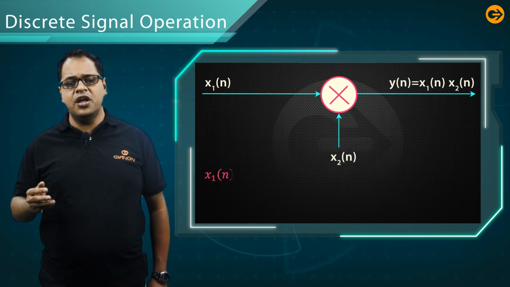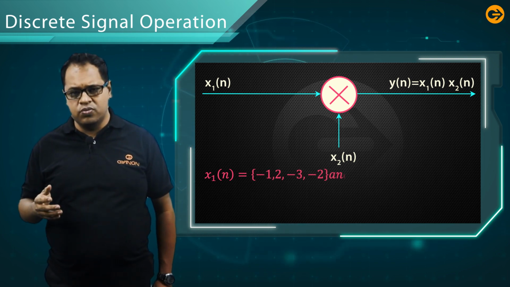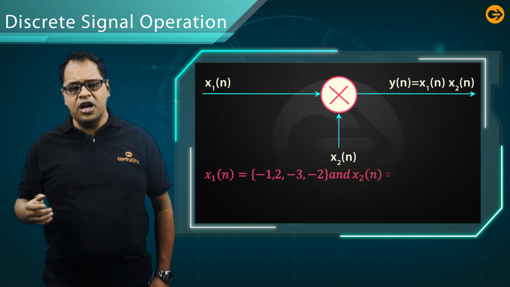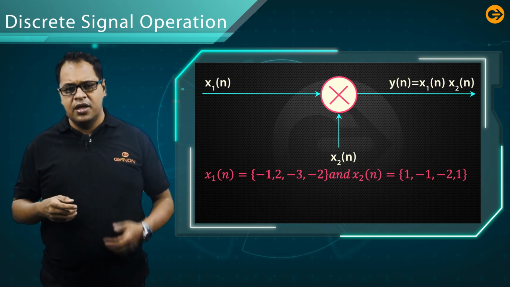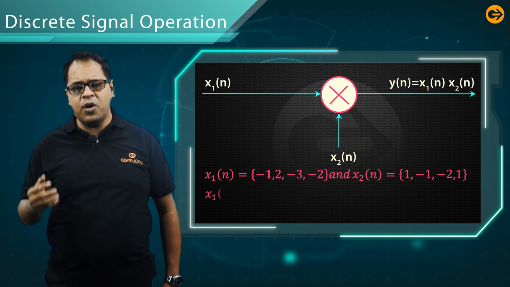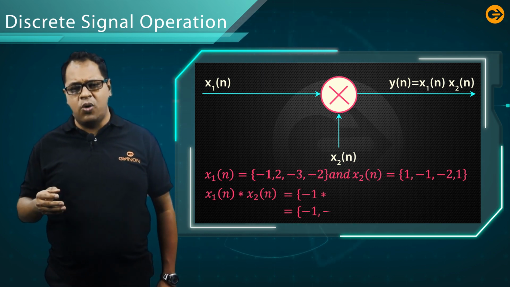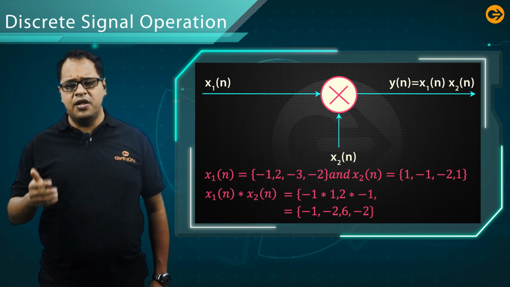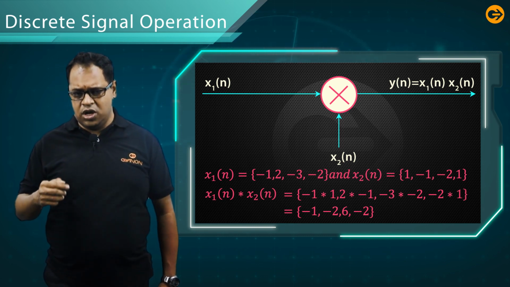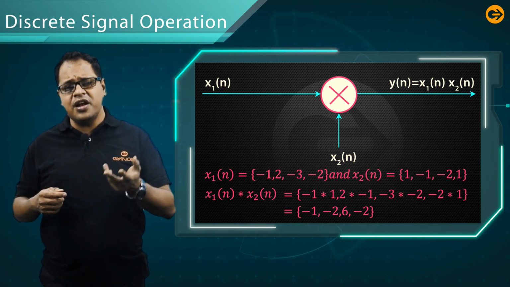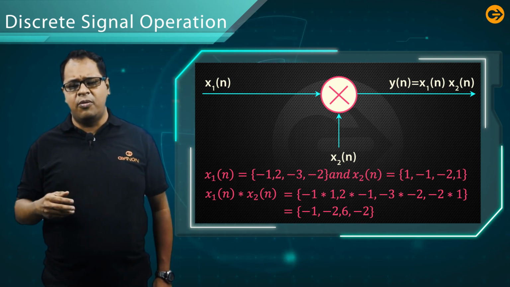If x1[n] = {-1, 2, -3, -2} and x2[n] = {1, -1, -2, 1}, then x1[n]·x2[n] is -1 times 1, 2 times -1, -3 times -2, -2 times 1. So, what is the result? Result is {-1, -2, 6, -2}.